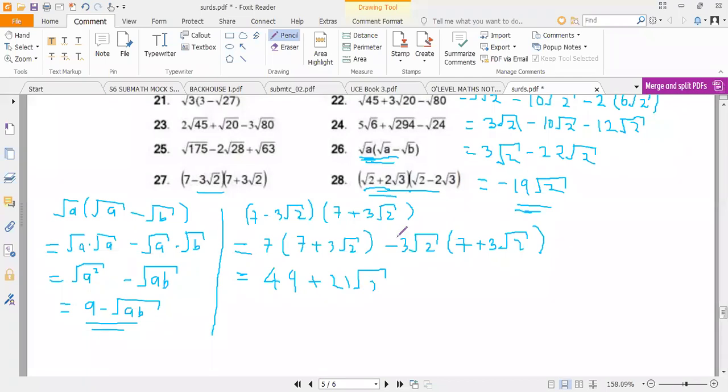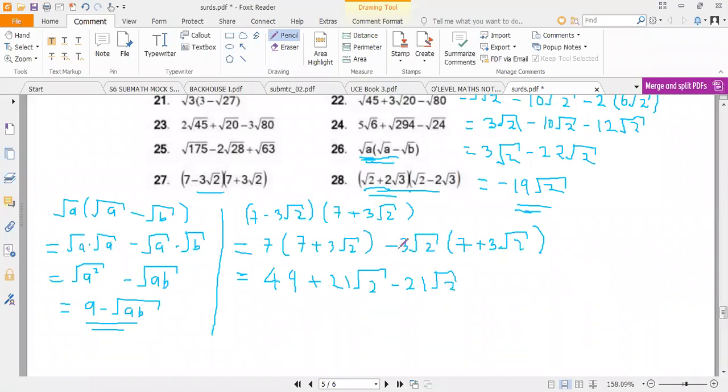Negative 3 root 2 times 7, what do we get? The 7 multiplies with the number outside the root, that is 3. We end up getting negative 21 root 2.